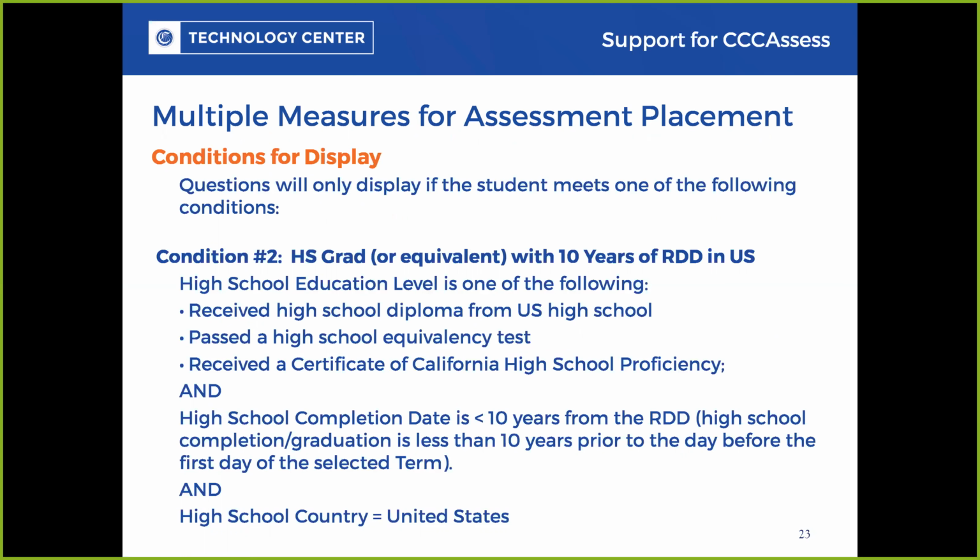So if your test person is you and it's been over 10 years since you graduated from high school, those questions aren't going to show up. But if you do meet these conditions, then these new questions will appear on screen. So I wanted to get that in and let Tyler go ahead and take it away.